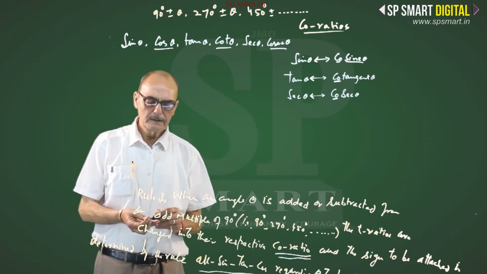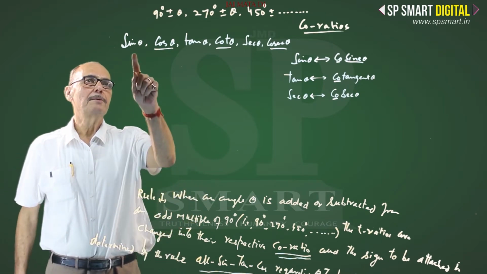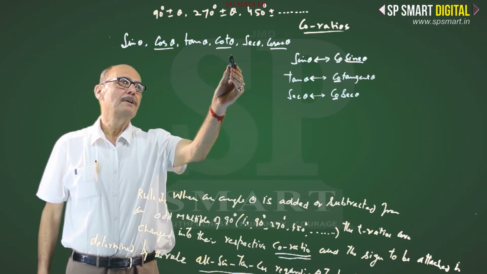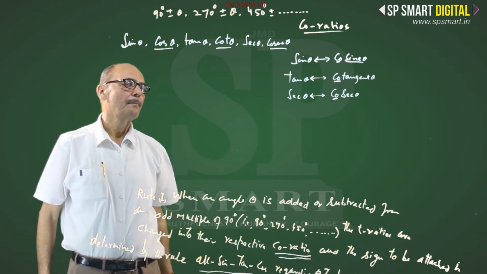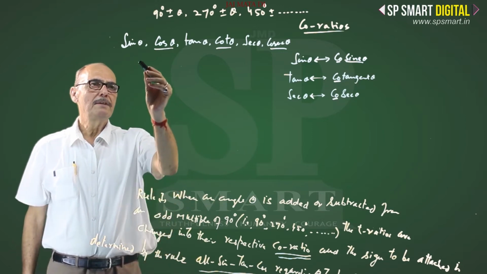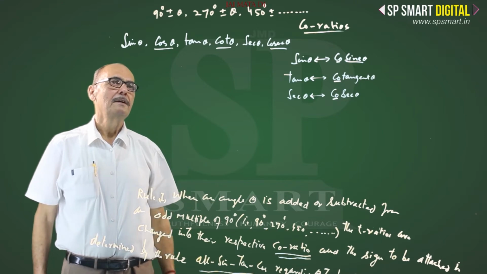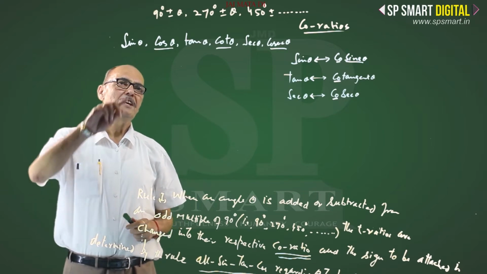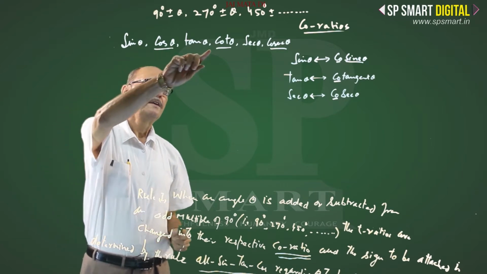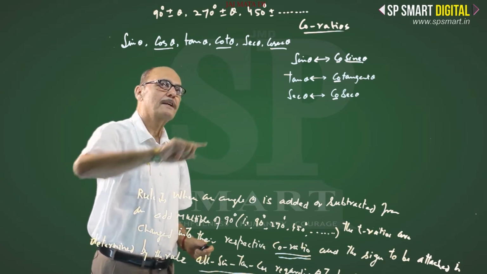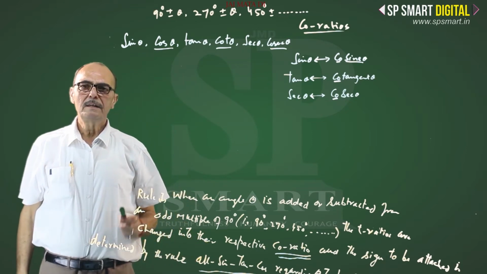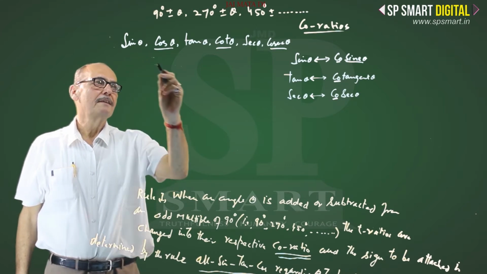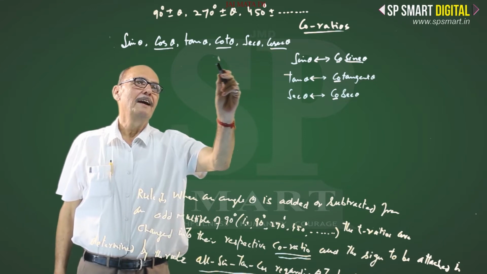We are familiar with the 6 trigonometric ratios: sin theta, cos theta, tan theta, cot theta, secant theta and cosec theta. Out of these 6, there are 3 which start with the letter C: C for cos, C for cot, C for cosec, and the other 3 are sin theta starting with S, secant theta with S and tan theta with T.